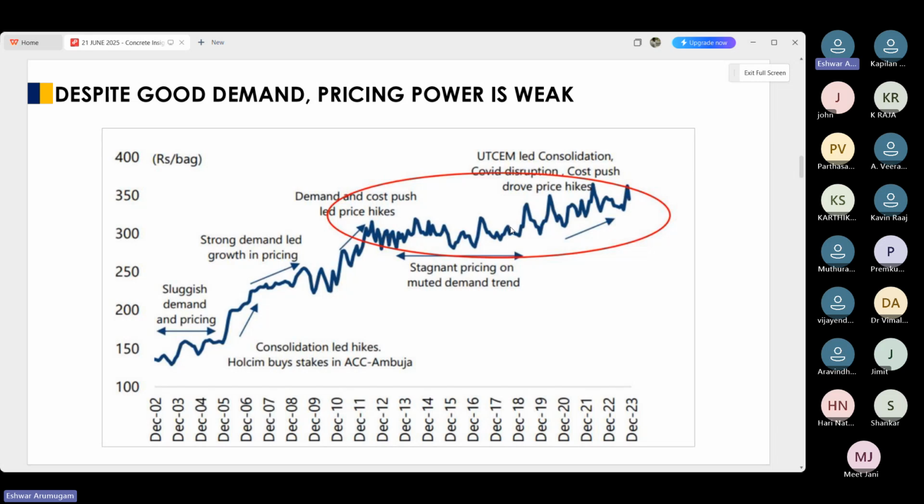And in FY20, there was credit tightness. FY21-22, we all know that there was a COVID pandemic. So post 22, again, demand is buoyant now, and there has been a lot of industry consolidation as well, which we'll see in the upcoming slides, which gives a good outlook for the industry. Let's move on to the next slide.